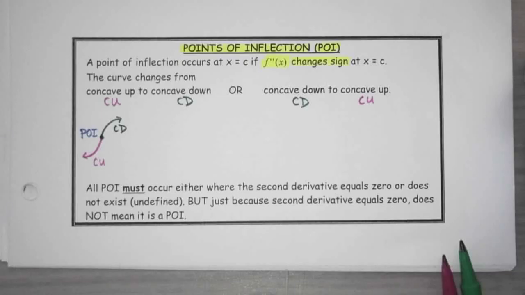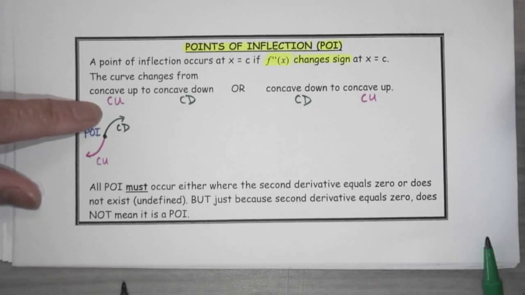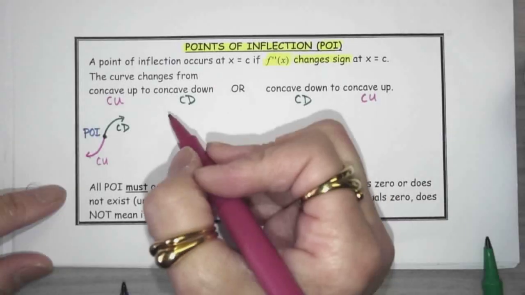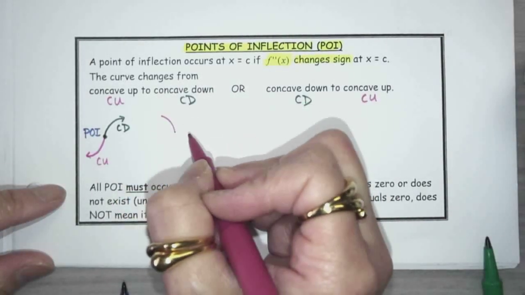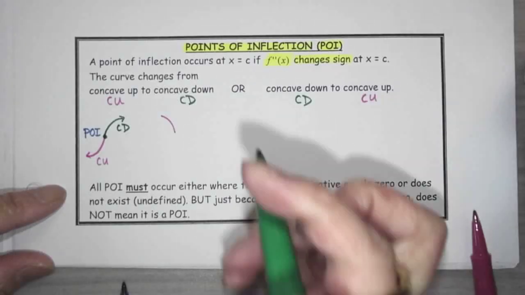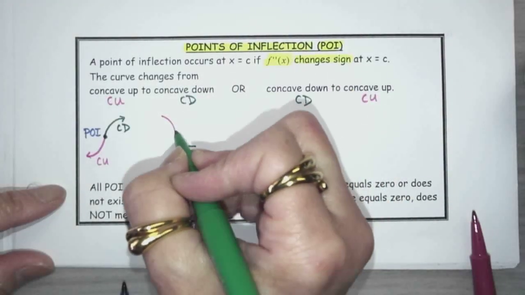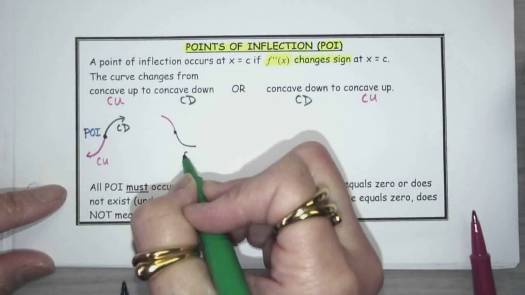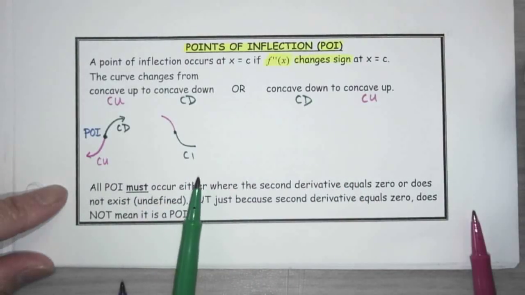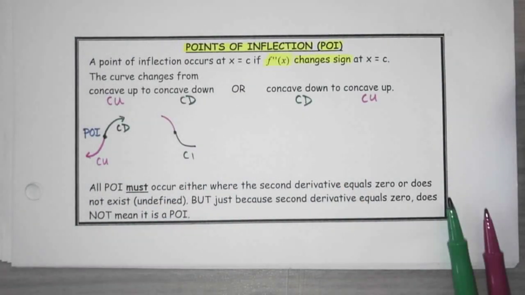But without the increase-decrease, I could have drawn this backwards. So this graph here is telling me that it's increasing, right? What if it was decreasing concave down and decreasing concave up in your point of inflection? Oops, sorry. Drew it wrong.